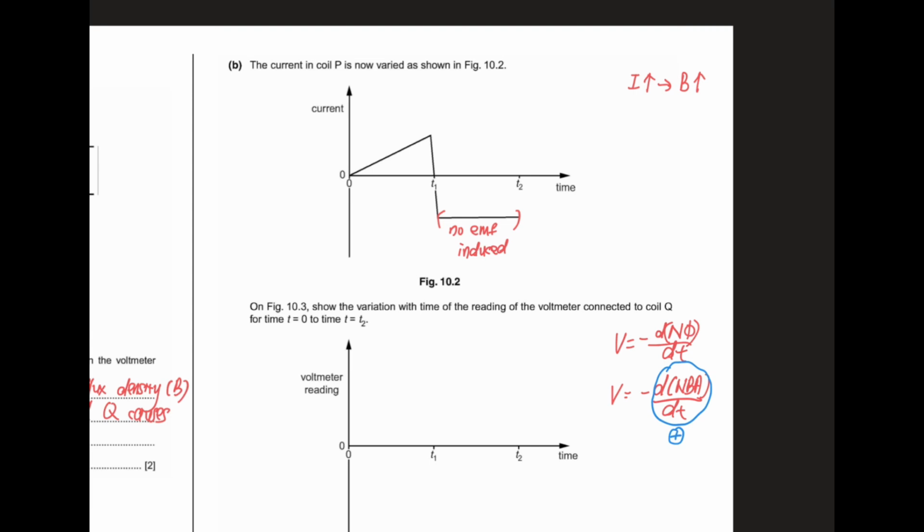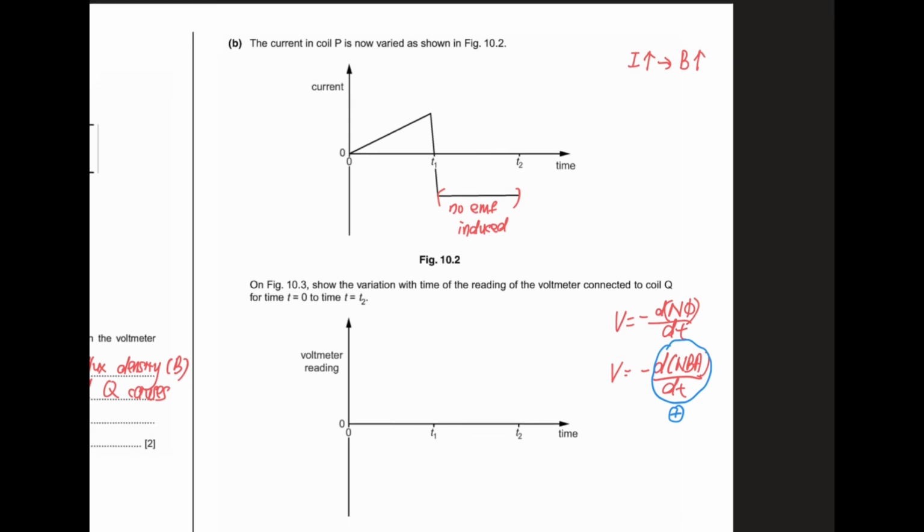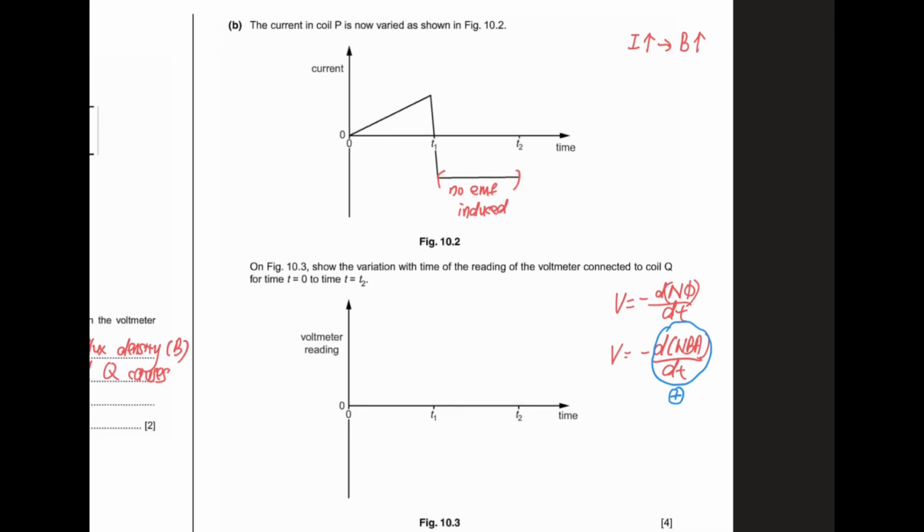The differentiation will be positive because differentiation is just gradient, right? So with another negative there, at the end, the V should be a negative value. Okay, so let's put it here. Negative.